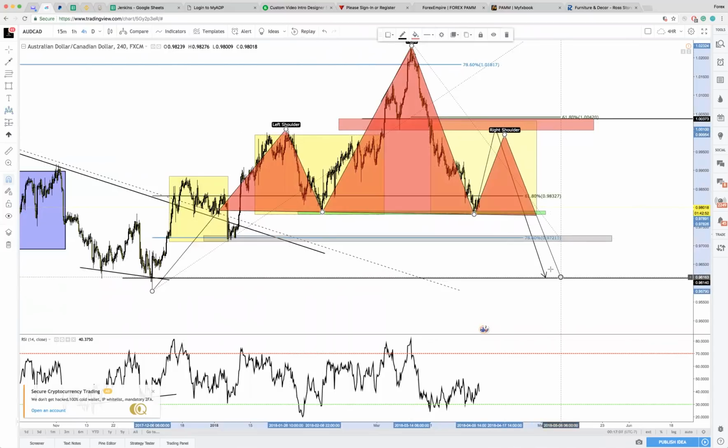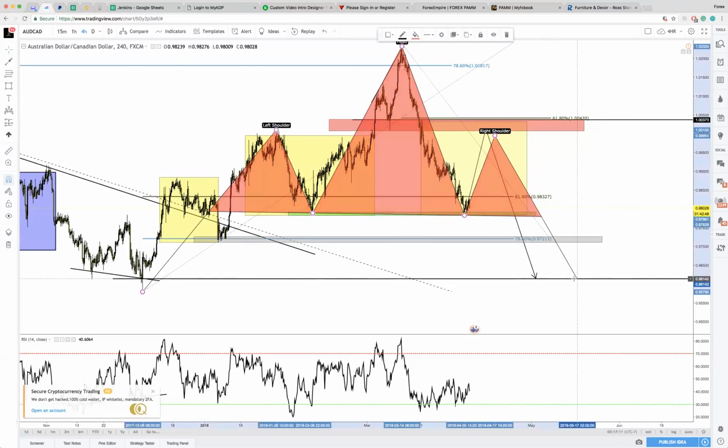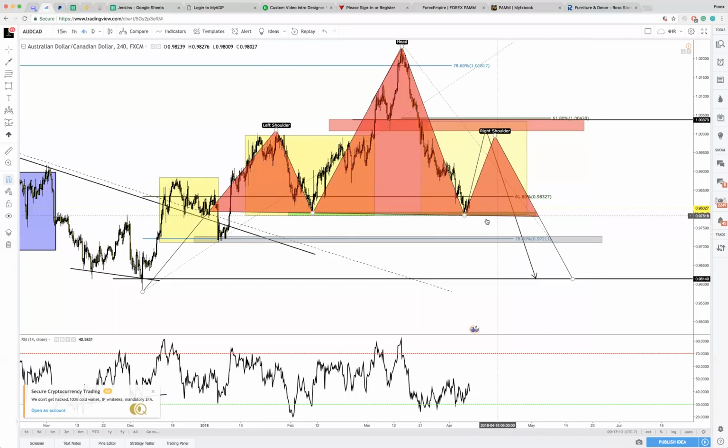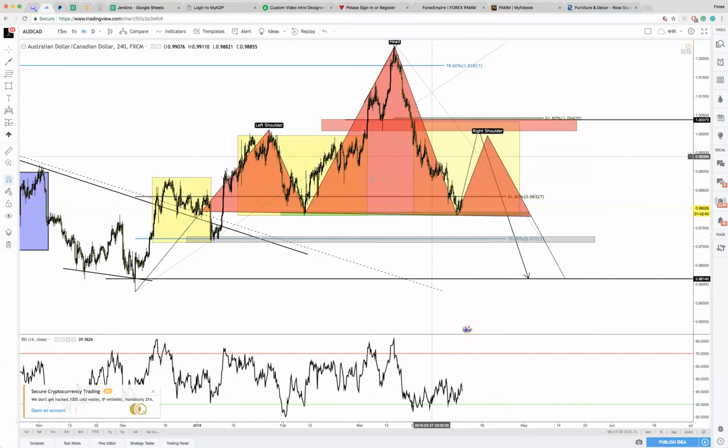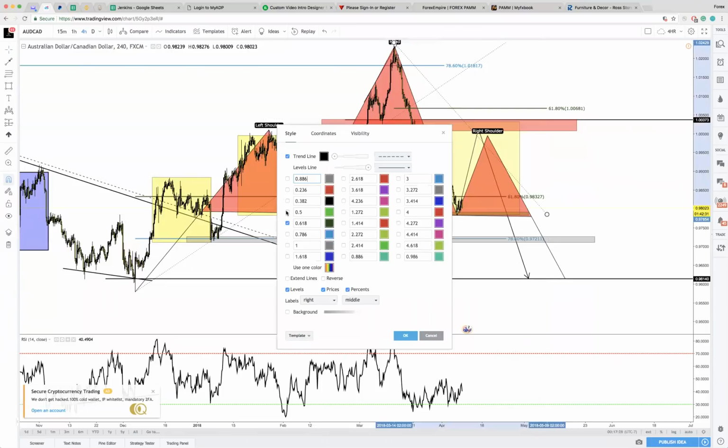We might see a nice head and shoulder coming up. A head and shoulder pattern is basically when the price breaks the neckline, that's when you sell and put your stop above the shoulder. But when the price comes up to the 61.8, you're probably looking at a 50% retracement.